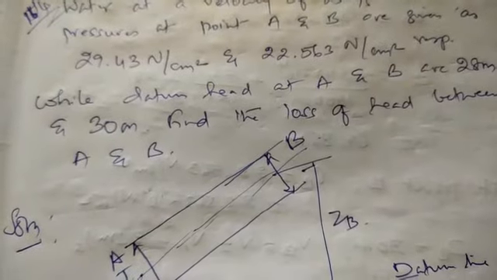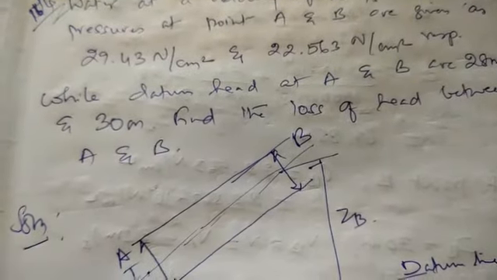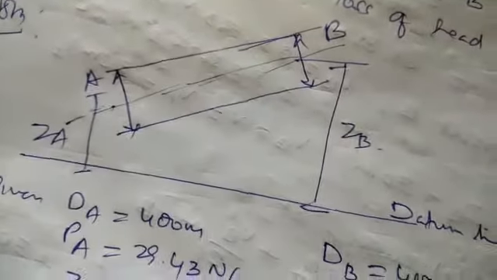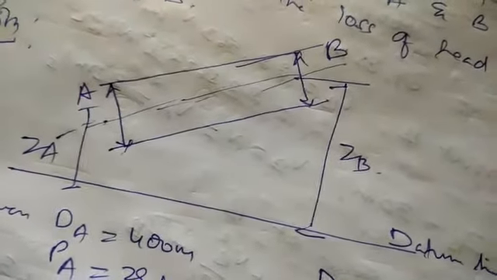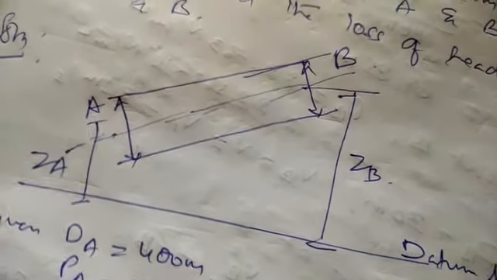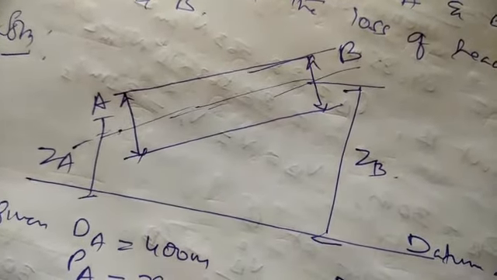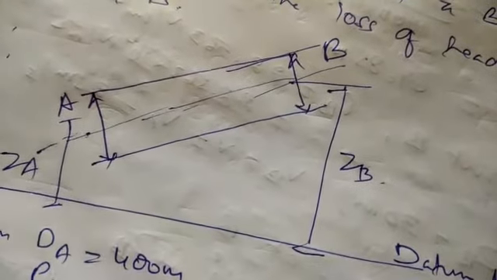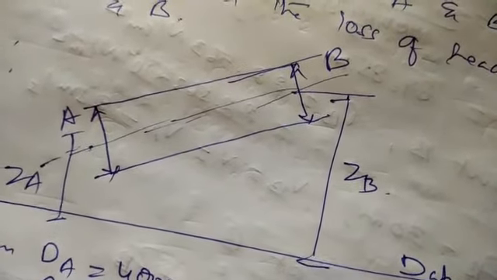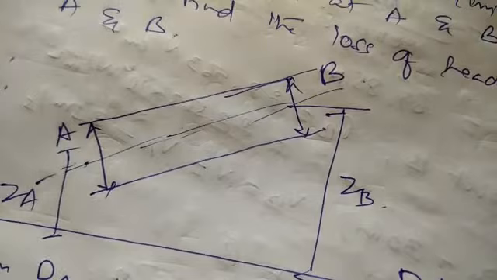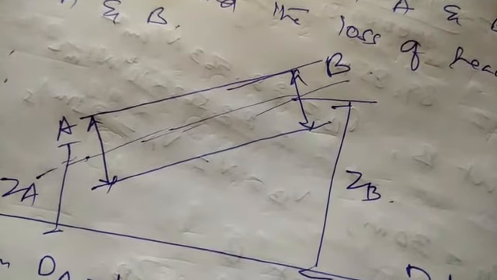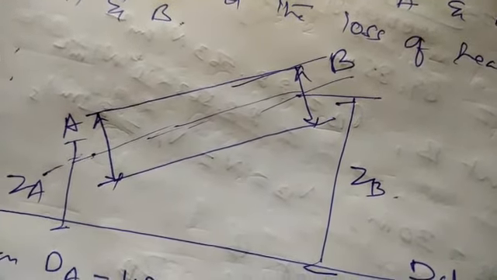Find the loss of head between A and B. We need to find the loss of head, HL basically. Now this is the diagram. This is section A and this is section B. ZA indicates the distance from the datum line of section A. ZB indicates the distance from the datum line of section B. This is the diagram, which is in line with the problem.